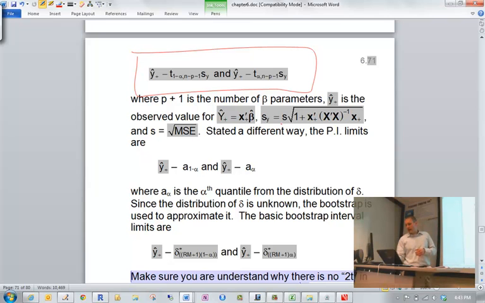The standard error looks like this. Hopefully that looks familiar. Your square root of your MSE times the square root of 1 plus your x plus vector times x prime x inverse times x plus.